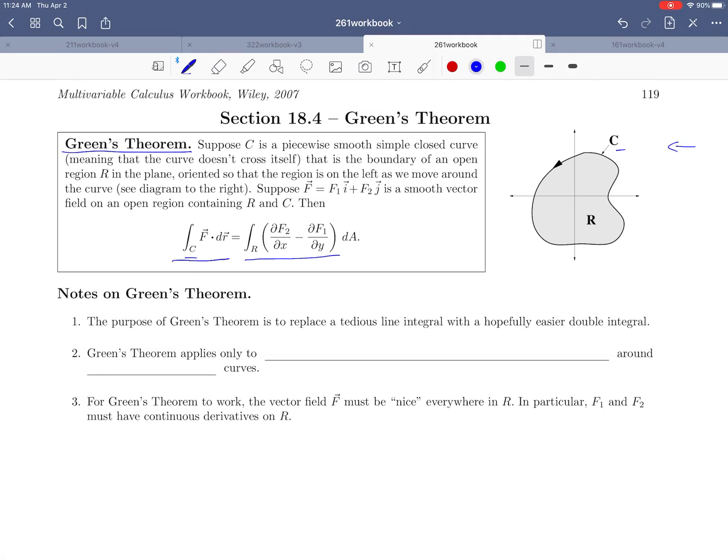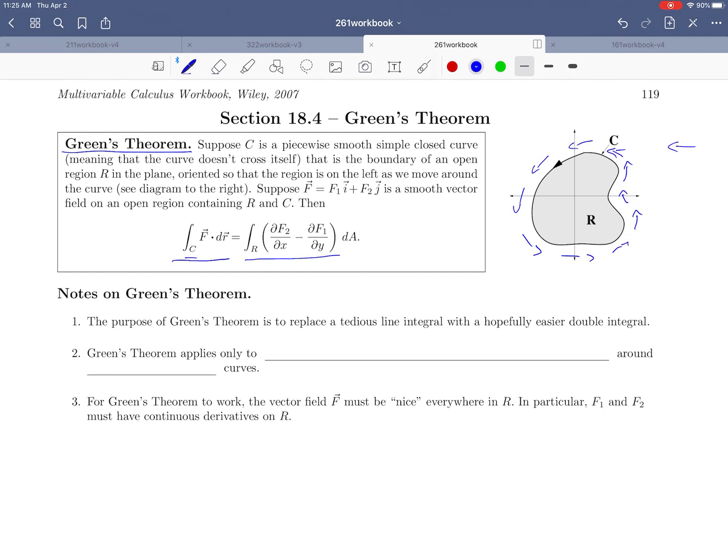So if you have a curve that doesn't cross itself, and it's a boundary of an open region in the plane, oriented so that as you're moving around this way, the region is on your left-hand side, then our curve is such that we can use Green's theorem.